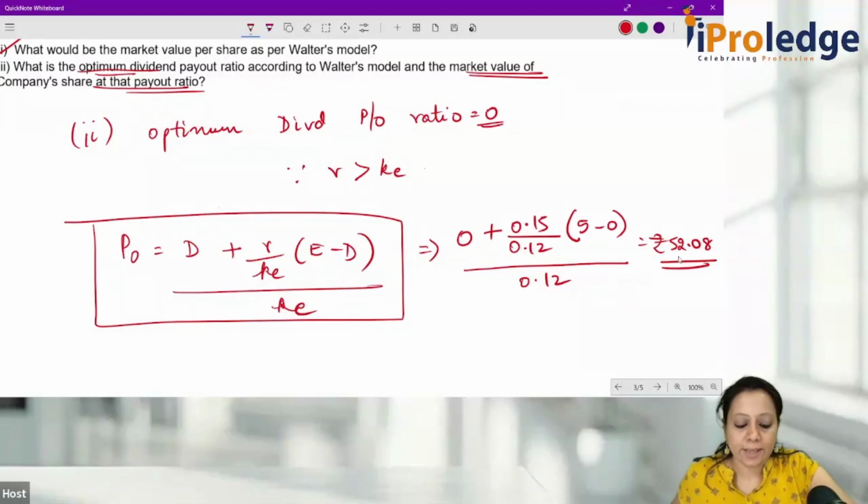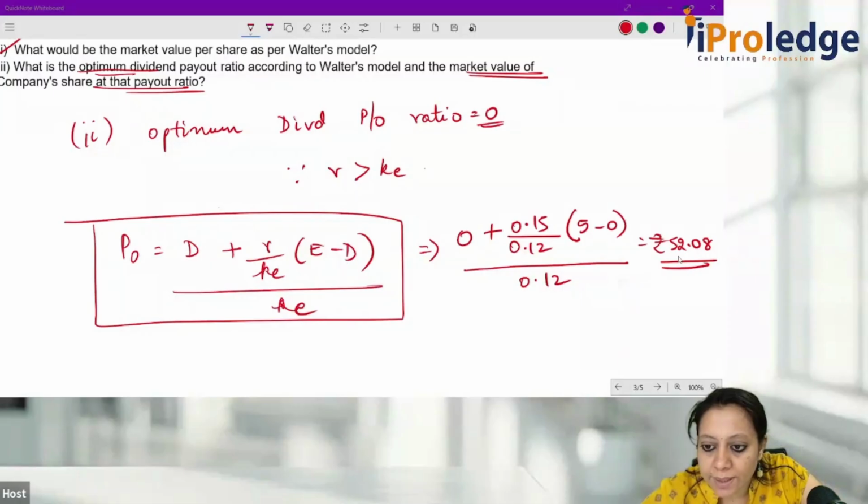So now we will go to the next step. So the dividend chapter also we have pretty much revised a good amount of things.